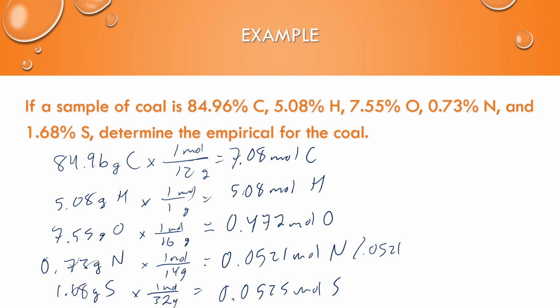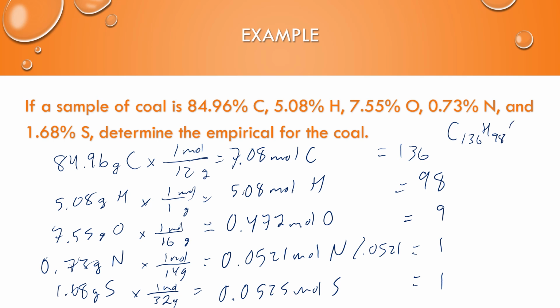Now, remember that this isn't just a single compound. We're determining the empirical formula for this, but it's really more of a ratio, since they're all in this solid mass. So you're going to see some weird numbers. For carbon, I got 136, hydrogen 98, oxygen 9, nitrogen 1, and sulfur 1. So you could write that as a molecular formula, but I'm not sure that that's the most accurate thing to do.